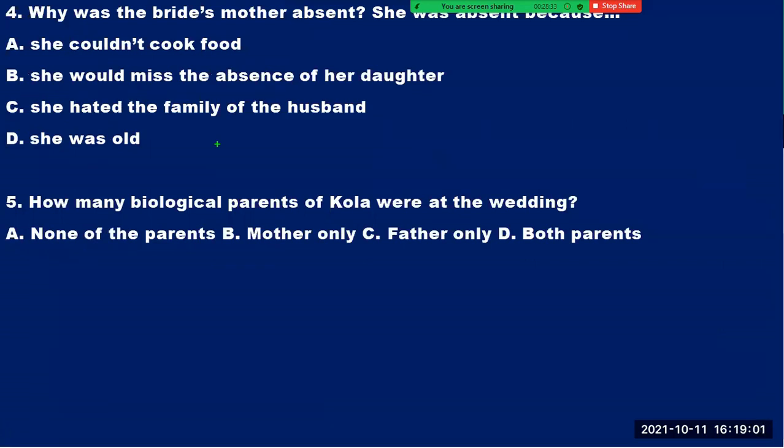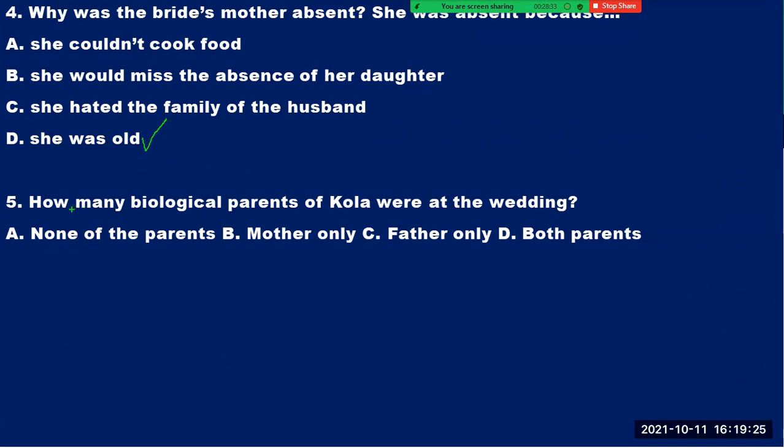Use those keywords as context clues, all right, to look for the evidence in the passage. So what do we find here? Option B is correct. The groom's mother was absent because she was old.